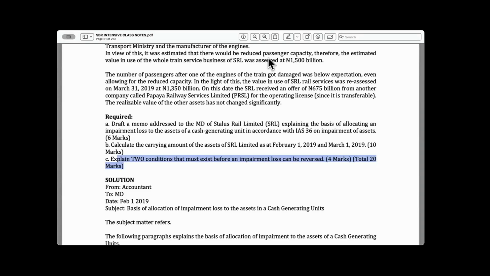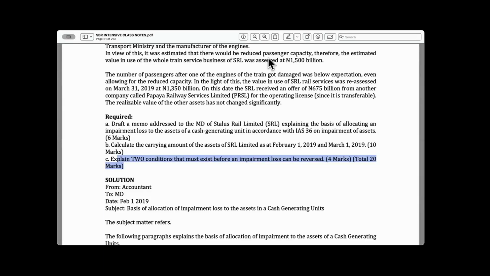And also, when you reverse an impairment loss, the new value of that asset must never be higher than its original value before impairment loss. It cannot. That's the principle here. That's one of the conditions.